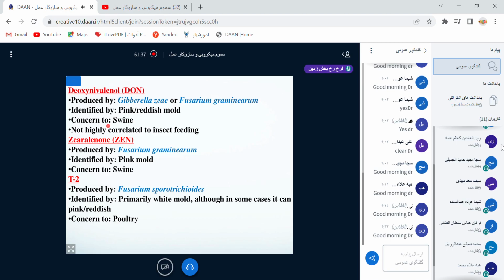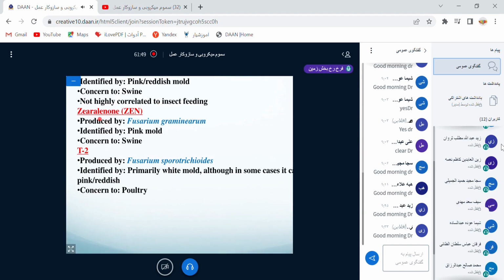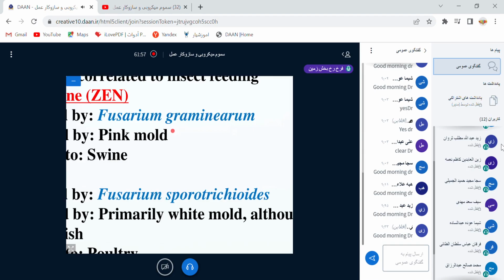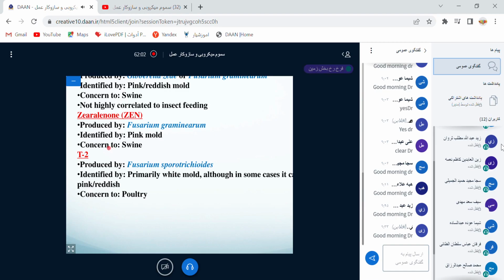It is more problematic to animals such as swine, and not highly correlated to insect feeding. Zearalenone, or ZEN, produced by Fusarium graminearum, also identified by pink mold. A concern to swine also.